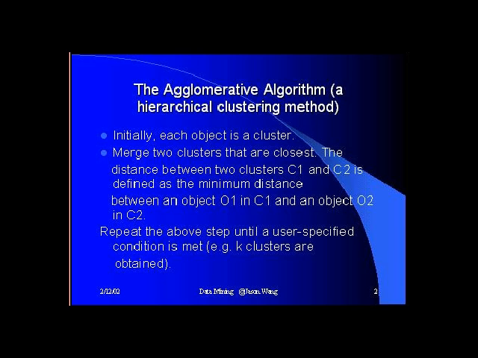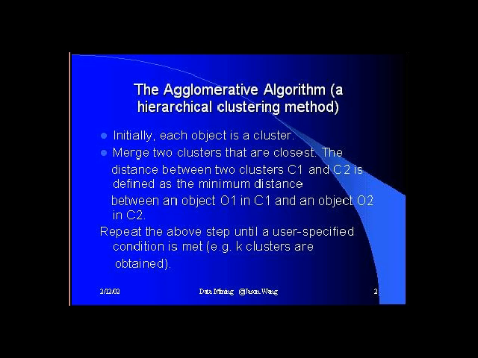That's step 2. Supposing initially you have 100 clusters, after step 2 you are left with 99 clusters, because in step 2 you merge two nearest clusters together, and they become one cluster. So this is like a hierarchical way where you organize the data.